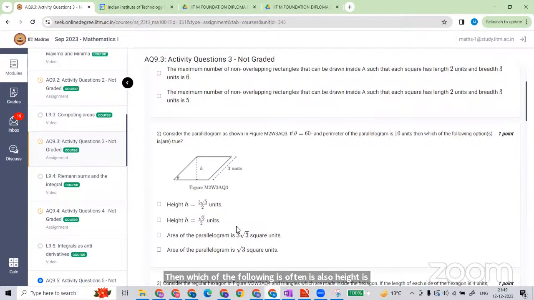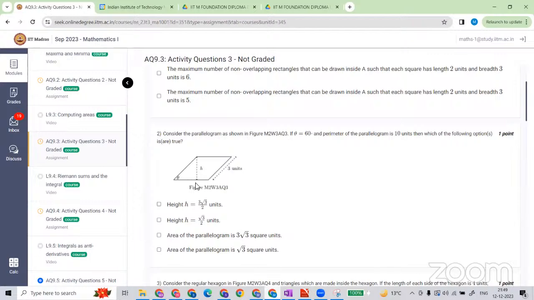So do you remember what is the area of a parallelogram? Sir, 1/2 base into height. 1/2 base into height or only just base into height? Base into height. So 1 by 2 is for the triangle, but for the parallelogram it is just base into height.